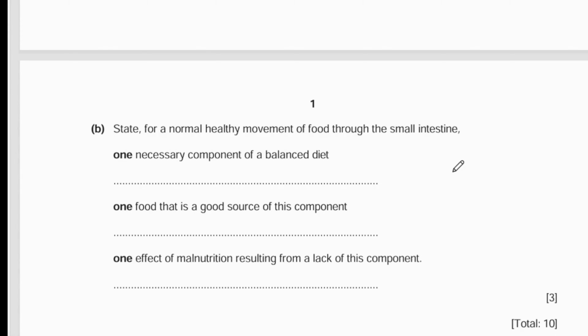State, for a normal healthy movement of food through the small intestine, one necessary component of a balanced diet. Which nutrient helps in the regulation of the movement of undigested food? Fiber.